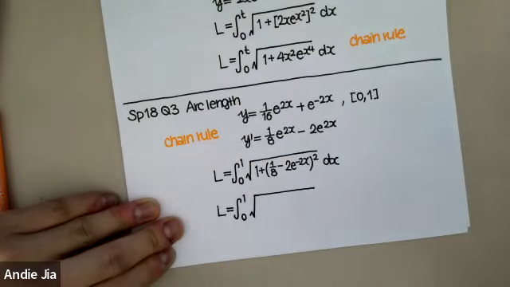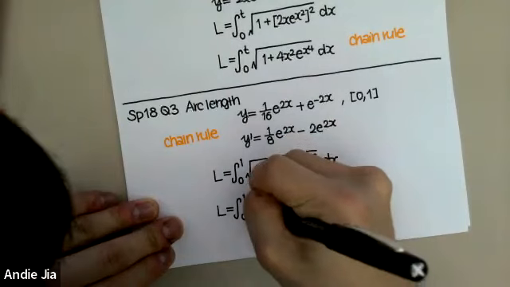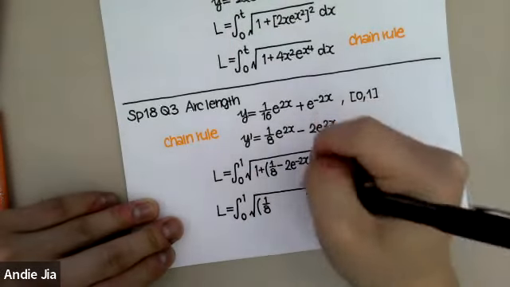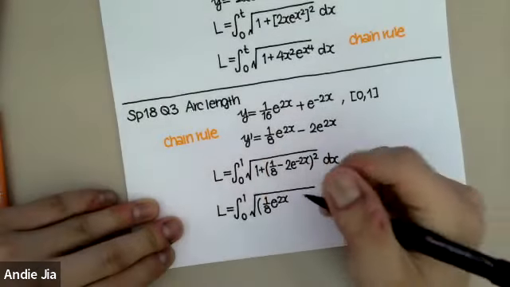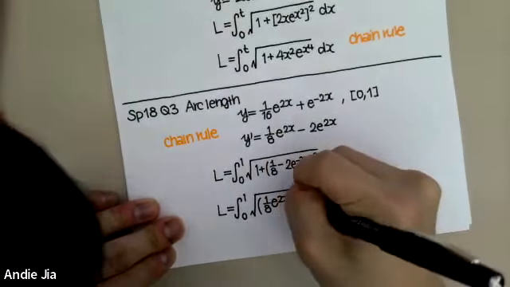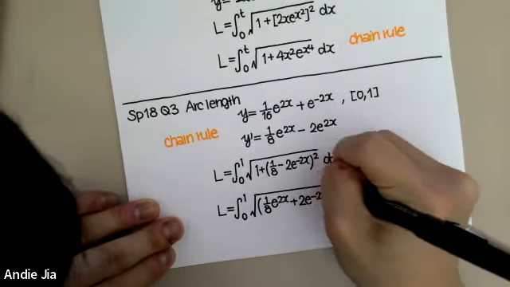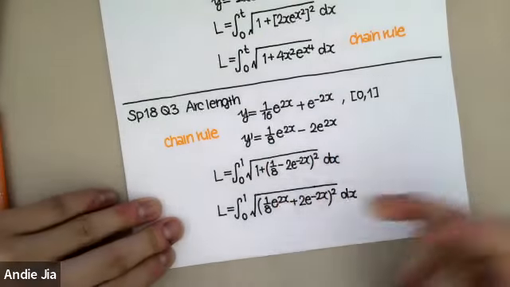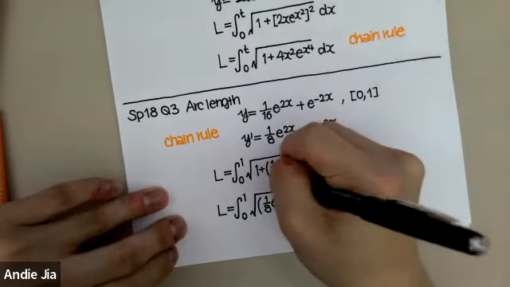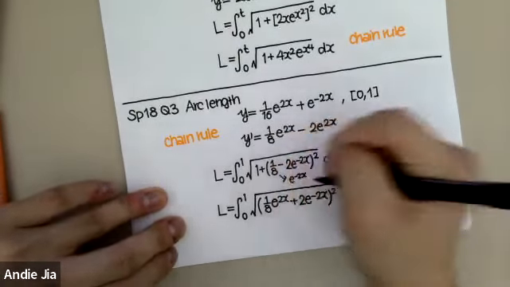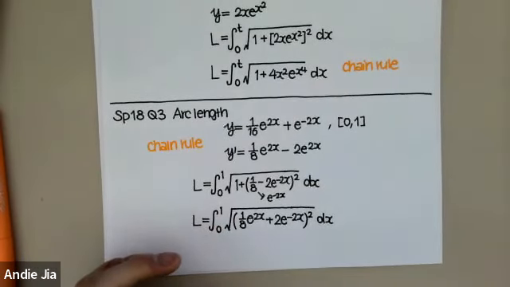Actually, for this one, it is integrable. You're missing an e to the 2x. And this is the arc length expression that we are expecting.